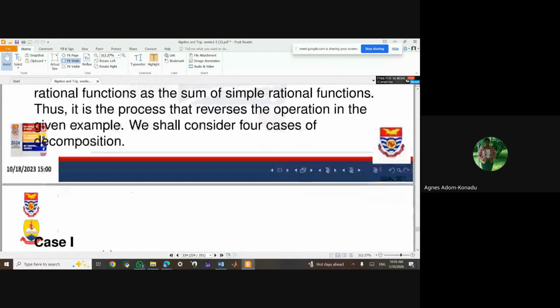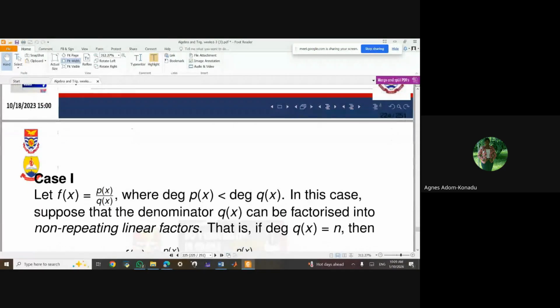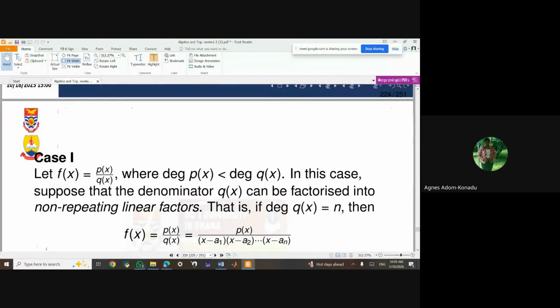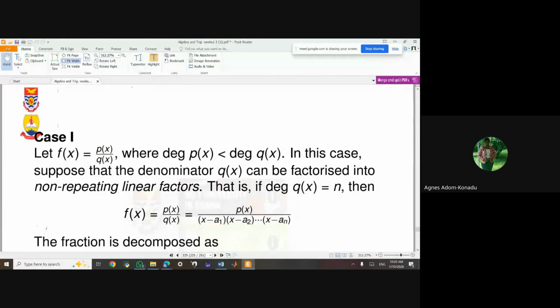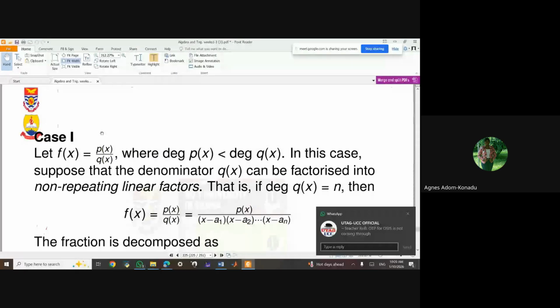We shall consider 4 cases, so please pay attention. We are considering 4 cases for decomposition. Let f(x) be p(x) over q(x), where the degree of p(x) is less than the degree of q(x). So the first thing you have to look at is that the degree of the numerator should be less than the degree of the denominator.